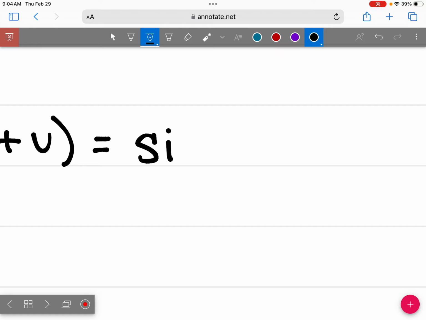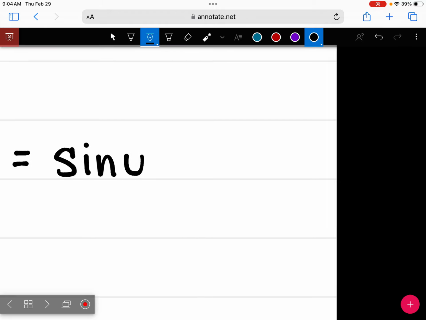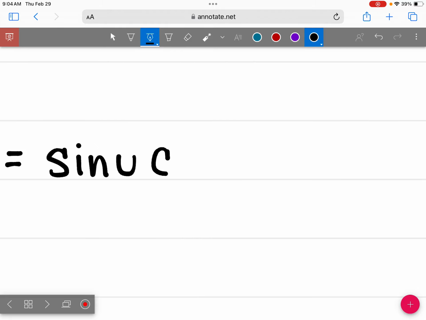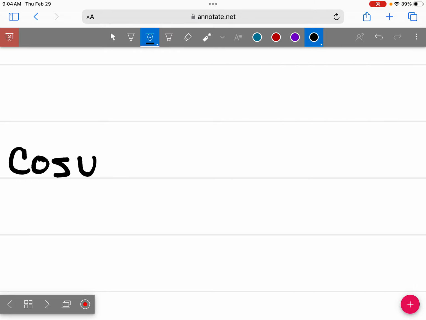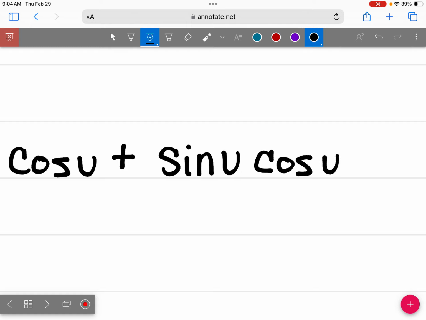So sine of the first one, cosine of the second one, plus, because sine keeps the sign the same, sine of the second, cosine of the first.